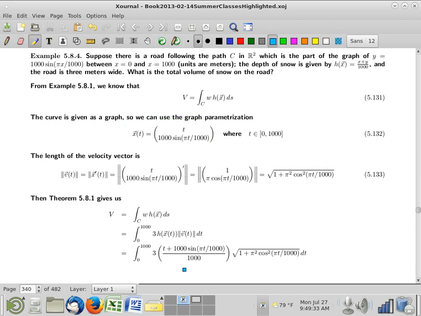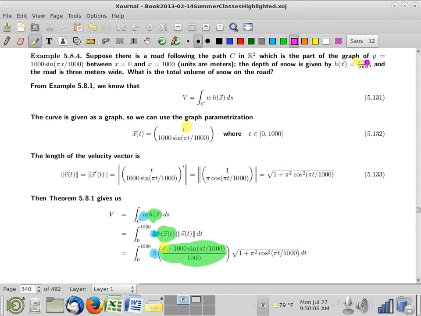And now it's just a matter of plugging in. Notice that width of 3 just stays there. Height is a function of x, but x is a function of t. So that's what height turns into, a function of t. Just plugging in for what x and y are. X, in particular, is t.